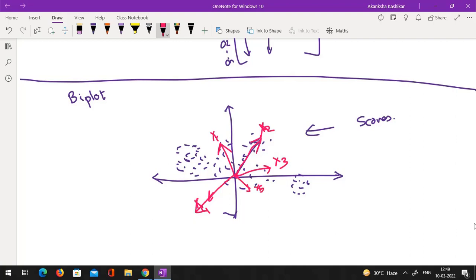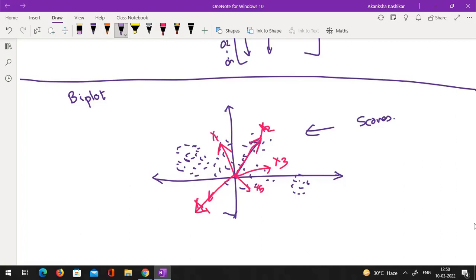So what are the interpretations of a biplot? First of all, if there are any natural classes which could be observed in the score plot, those could be observed via the biplot also. Natural classes or clusters present in the observations can be obtained via the biplot. Secondly, if there is any grouping in the variables, that is also evident from the biplot.